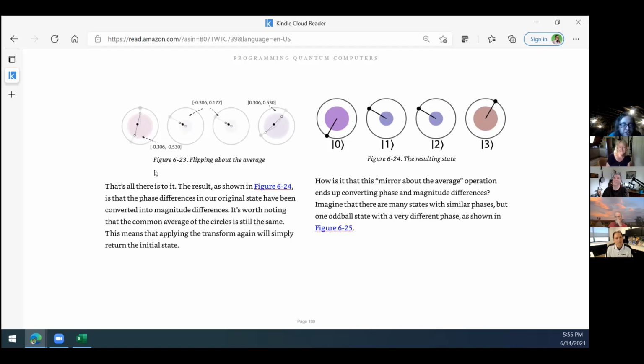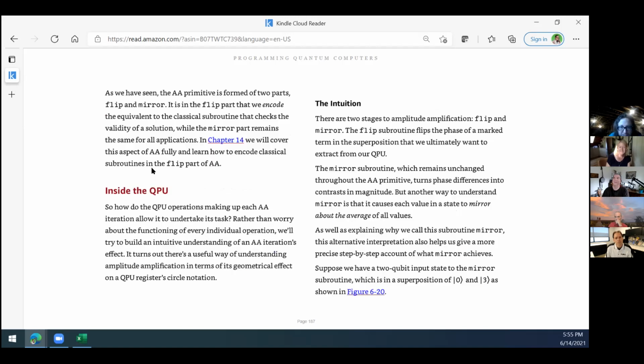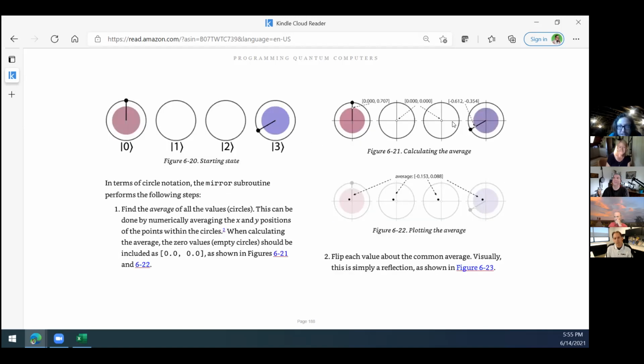I need to see those values again. Just to correct real quick, phase is not X and magnitude's not Y. He is literally saying X and Y, like on a Cartesian coordinate system. Oh, yeah, you're right, thank you. The first one is 0 because on the X and Y horizontal axis, you're dead center.